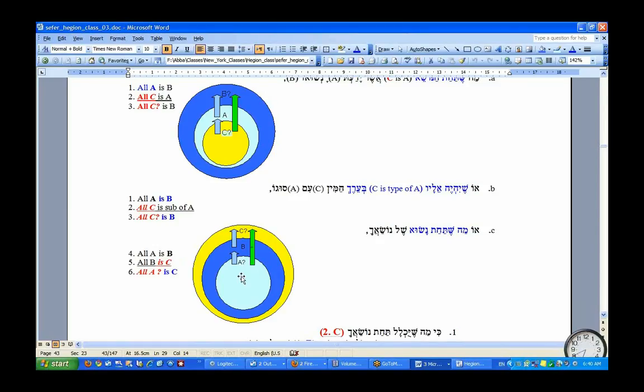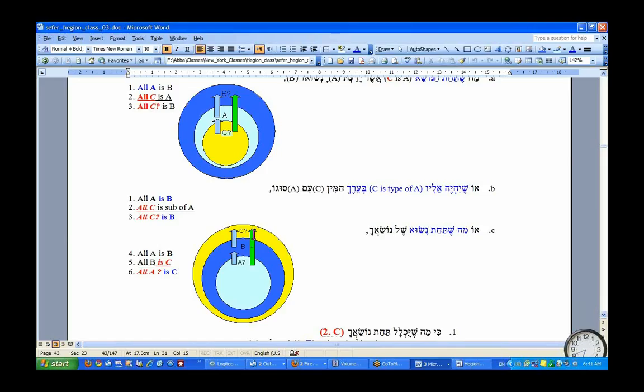All A is B. Well, that's the same thing we started out. A is contained within B. Now, if all B is C, the second blue arrow here, all B is C, so then A also has to be C. Okay?